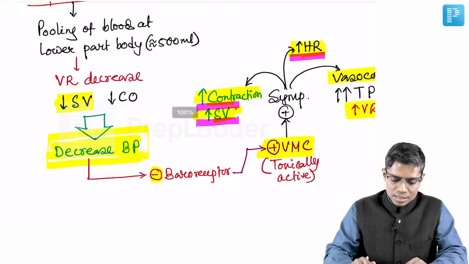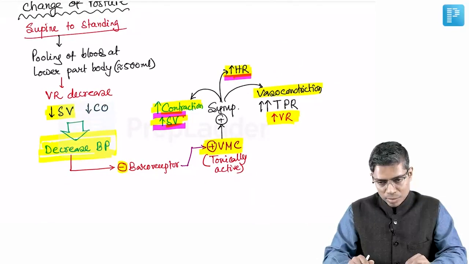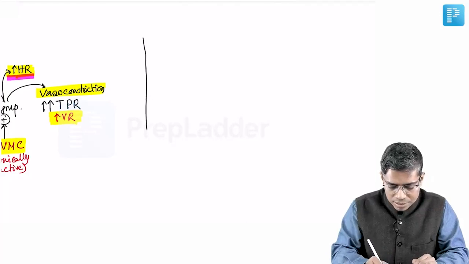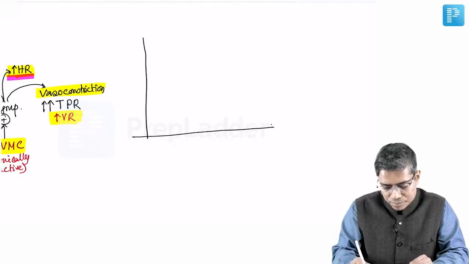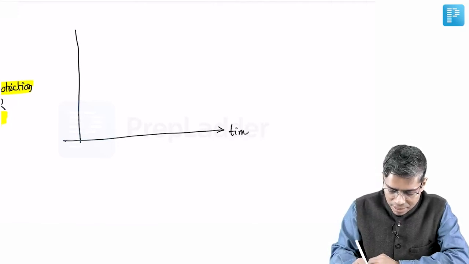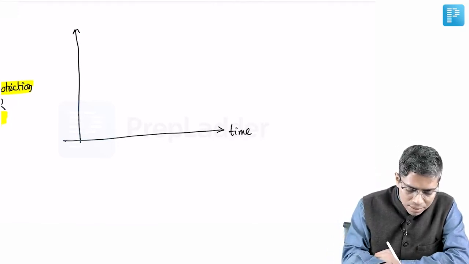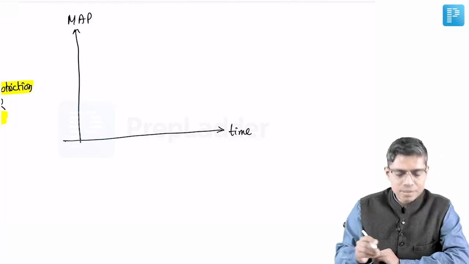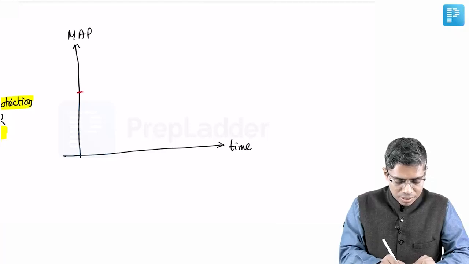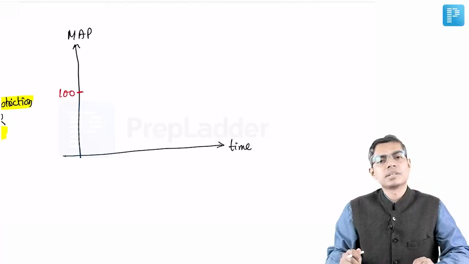So if you try to understand this change of posture and blood pressure correction with the help of a graph, then the graph will look like this. Okay, very important. The x-axis is the time axis and the y-axis is the mean arterial pressure of the person, right? Suppose the mean arterial pressure is here at 100 millimeter of mercury.